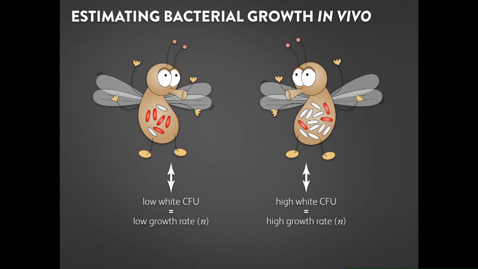So you might wonder if these bacteria were actually growing in flies, and so we estimated bacterial growth in vitro, and for that we used the plasmid loss phenomenon. Basically, when a bacterium that carries a plasmid replicates, it has a chance every generation to lose its plasmid. So we calculated the rate at which these bacteria were losing their plasmid.